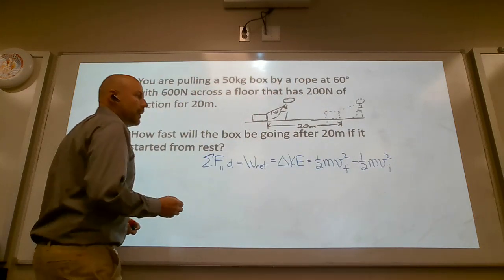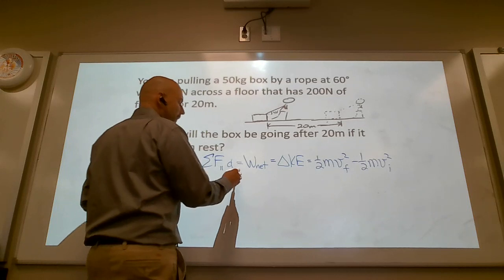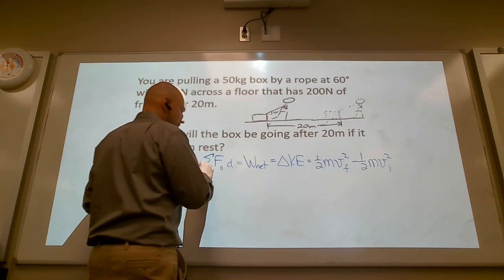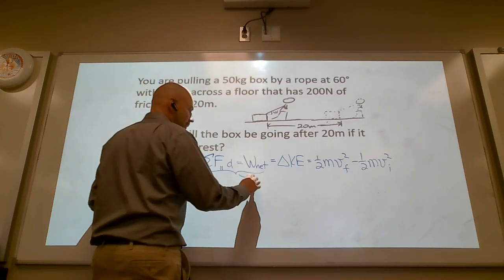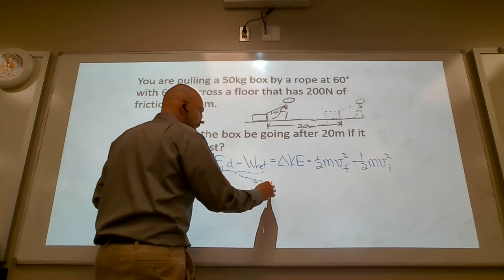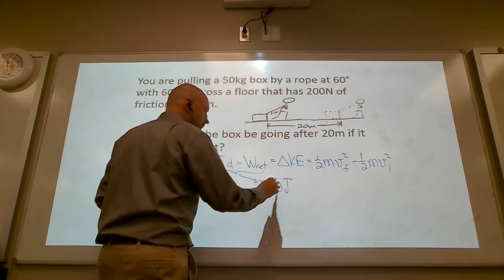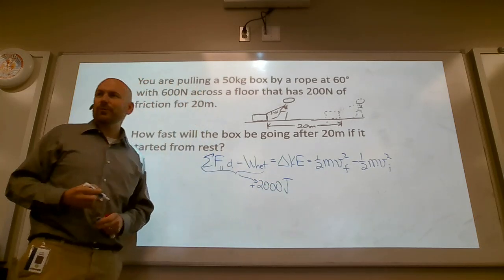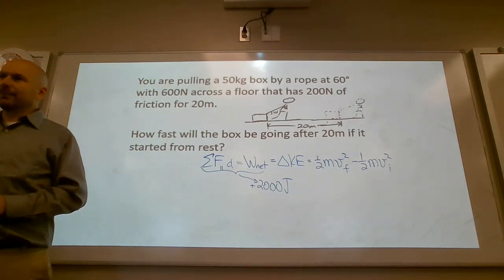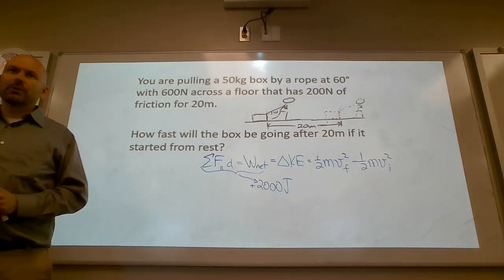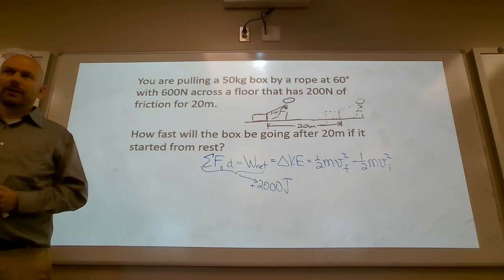Now, yesterday we already figured out that we came up with a value of this already: positive 2,000 joules for the net work. We already did all those calculations. Good with that?